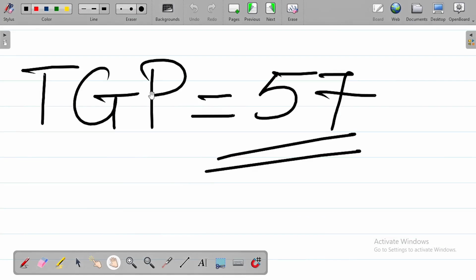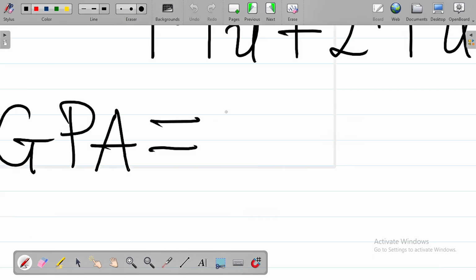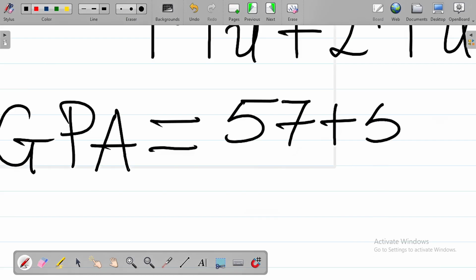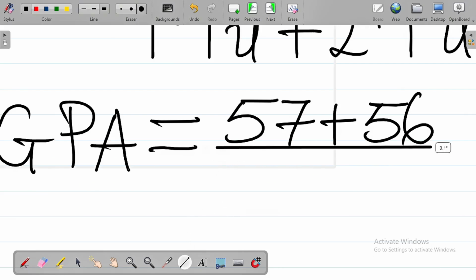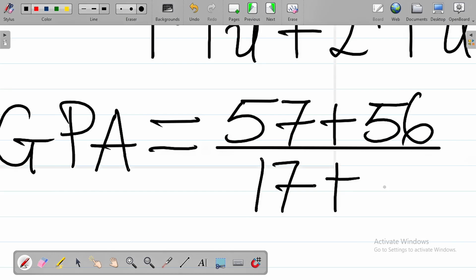First semester total grade point gives us 57. So we have 57 plus second semester total grade point, 56, and then all over first semester total unit. The total unit of all the courses the student offered in first semester gave us 17. And then plus second semester total unit is also 17.